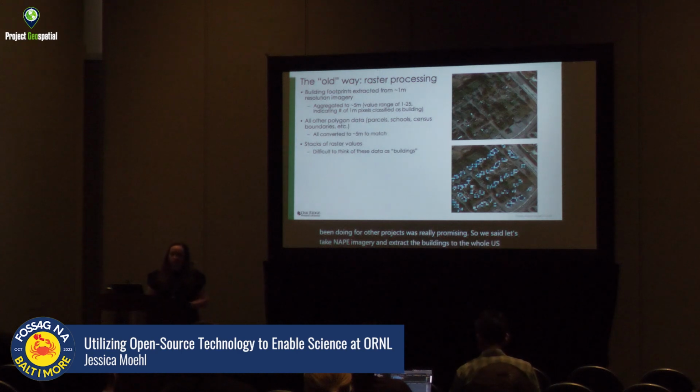In 2016, 2017, we had the whole US extracted in NAIP. Then we took that beautiful little polygon and rasterized it, because we were raster processing. And you look at that and you go, man, that sucks. I had a really nice polygon, it describes an entity, and now I've got pixels that describe building area.